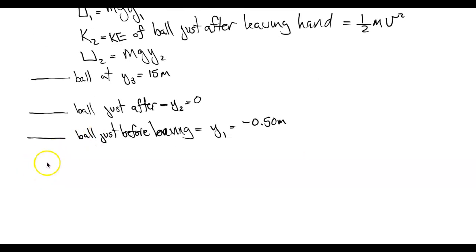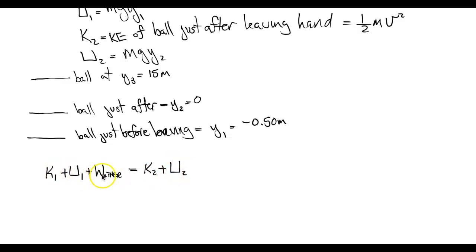So what we can say is that from conservation of energy, K1 plus U1 plus the work done by this other force has to equal K2 plus U2.